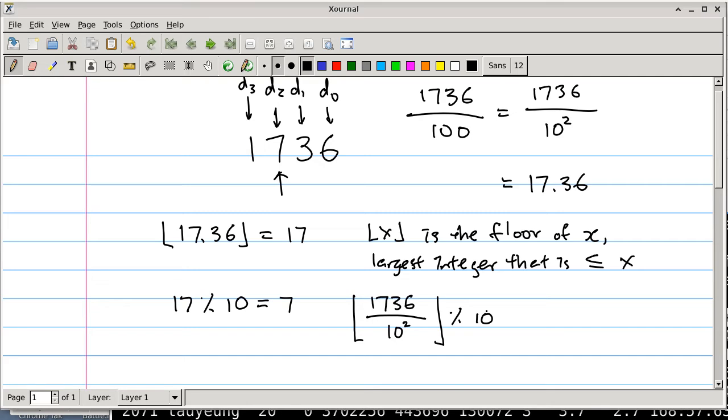So I'll just write the equal to 7 here, to emphasize that this is how we did it. Do we have any questions about this very concrete example of extracting one digit out of the base 10 representation of a quantity? Are we doing okay so far with this?